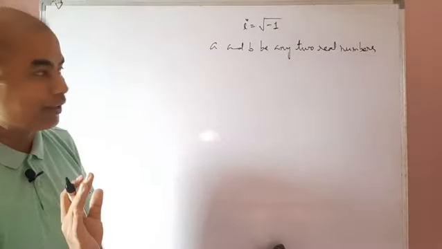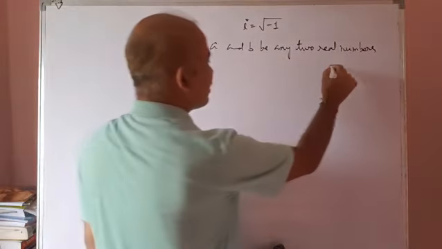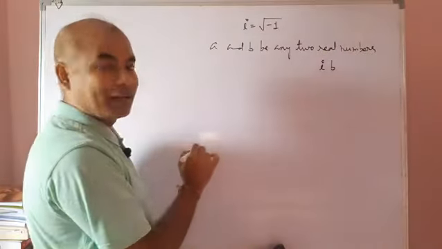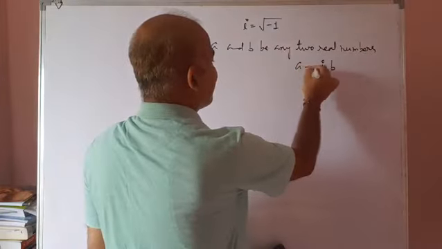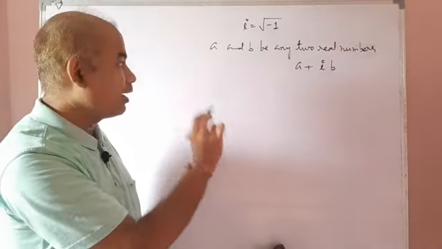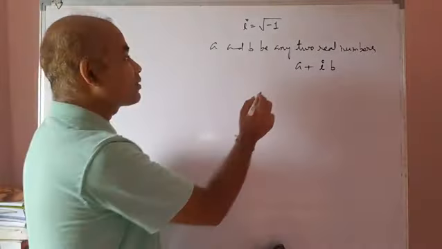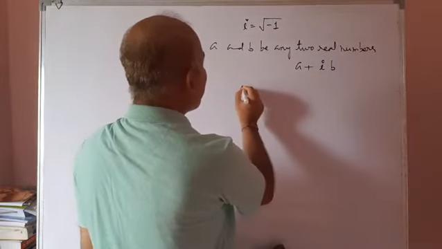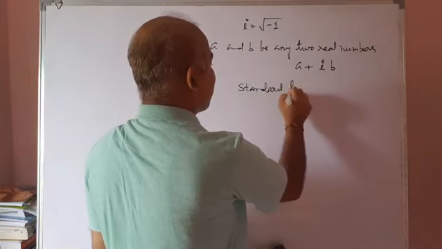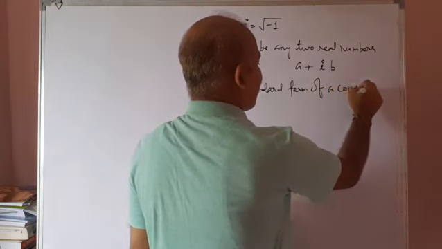Out of these two real numbers, suppose I multiply the real number b by this i, that is the square root of -1, and add the other real number a. So first real number a plus i into my next real number b, this is called the standard form of a complex number.